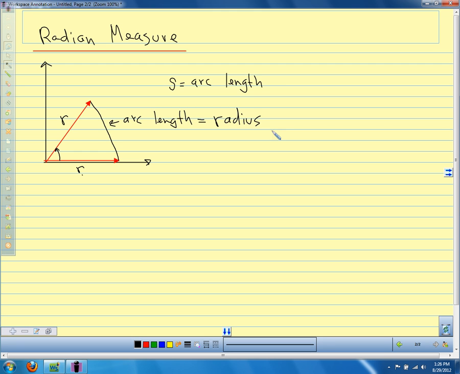We've rotated through an angle of 1 radian when the arc length of the piece of the circle that we've made equals the radius.